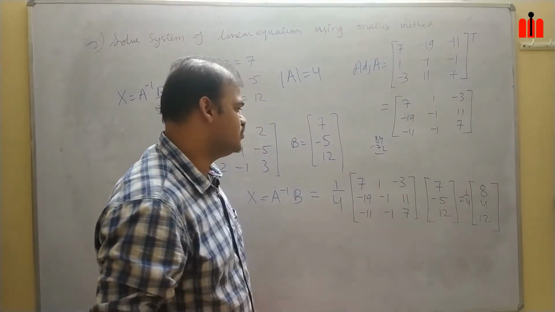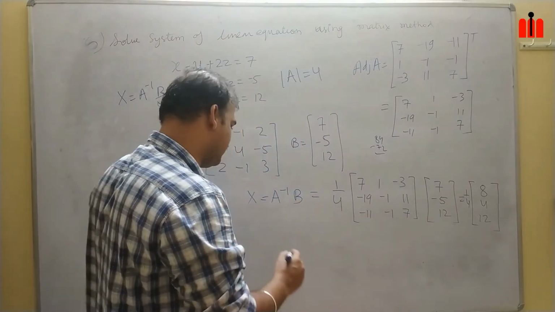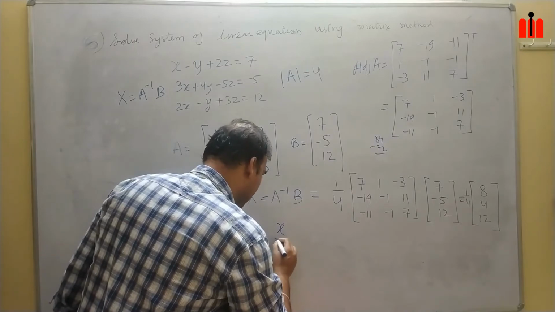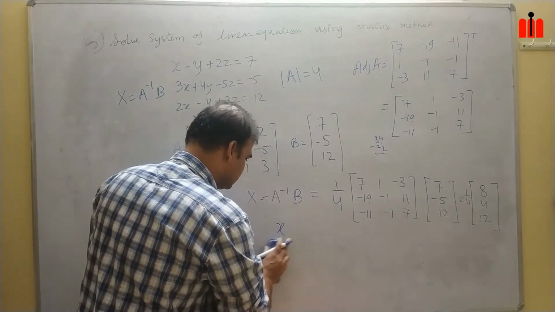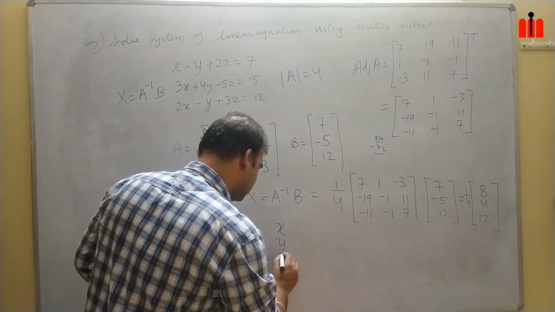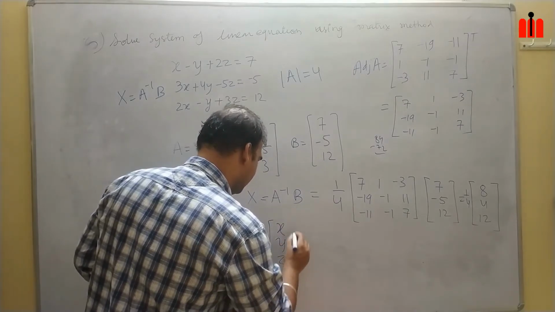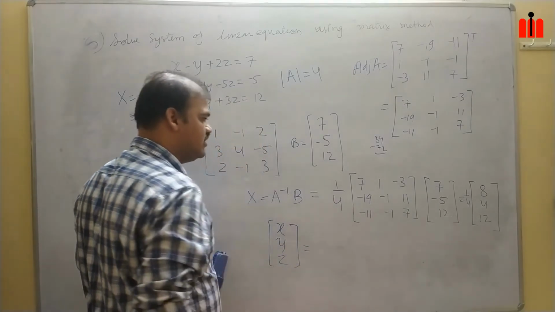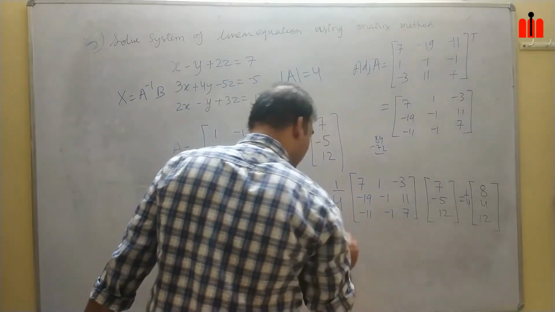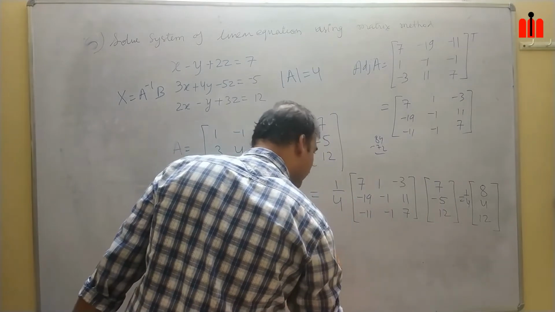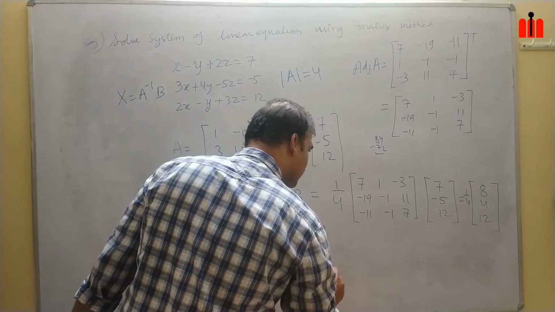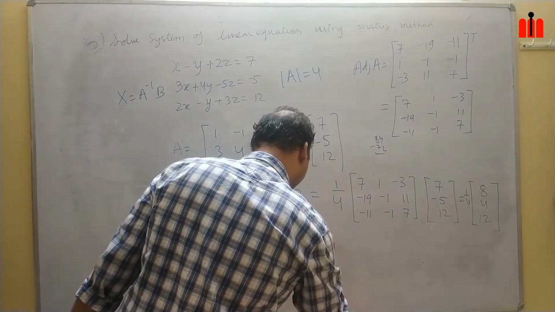Okay. So what are the values of x, y, z now? This X can be written as x, y, z equal to 1 by 4 into 8, 1 by 4 into 4, and after that here it is 3.